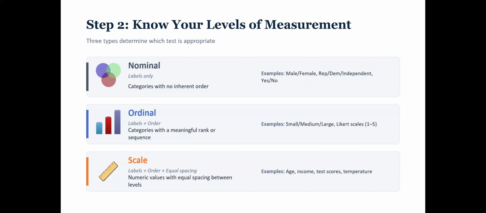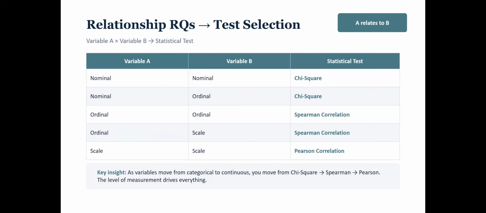Once I have both those pieces of information, A relates to B, based on what my variables A and B are, you can see the resulting statistical test in the right-hand column.